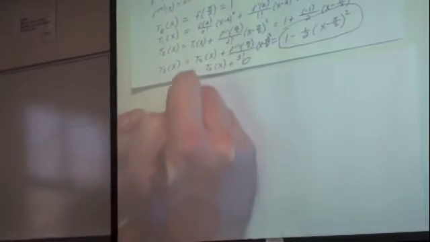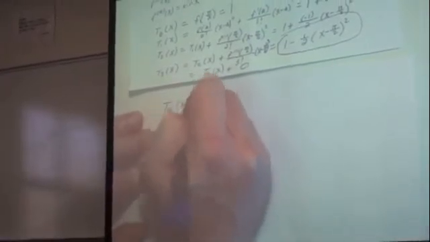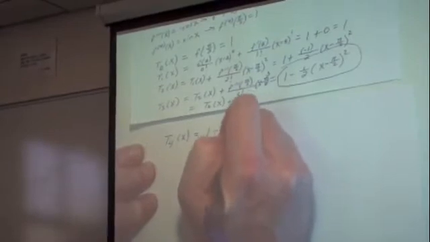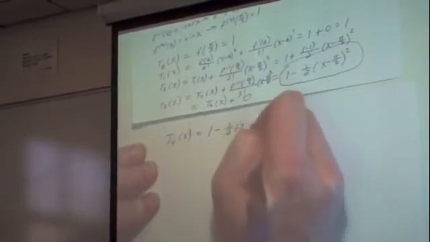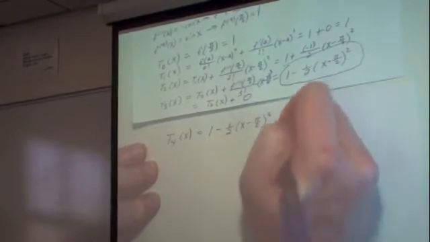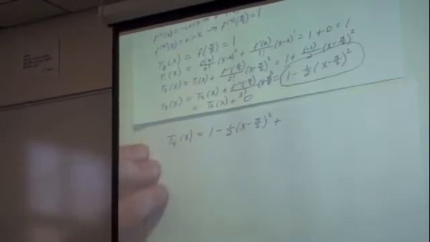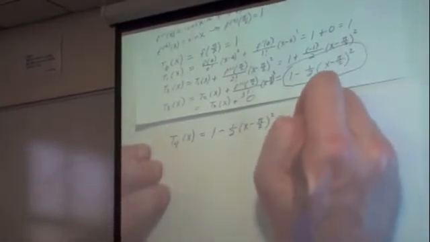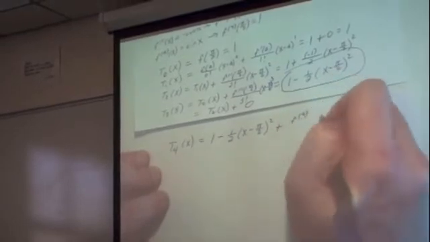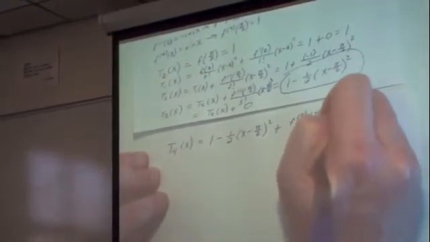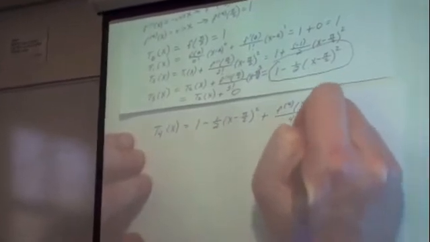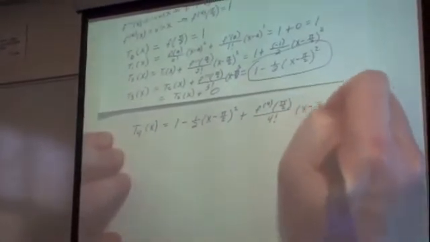And I'll say, okay, the fourth Taylor polynomial is the third Taylor polynomial, which I'll go ahead and write in, 1 minus 1/2 x minus pi over 2 squared plus, for the fourth Taylor polynomial, you would say it's the fourth derivative evaluated at pi over 2 divided by 4 factorial times x minus pi over 2 to the fourth power.